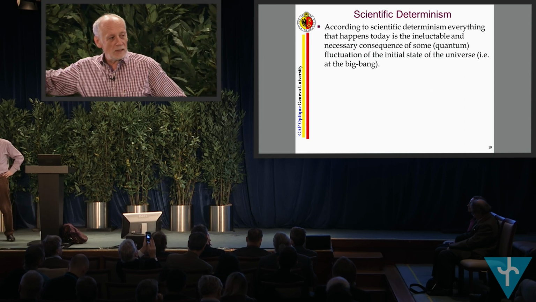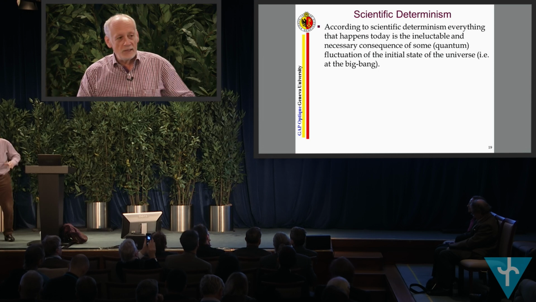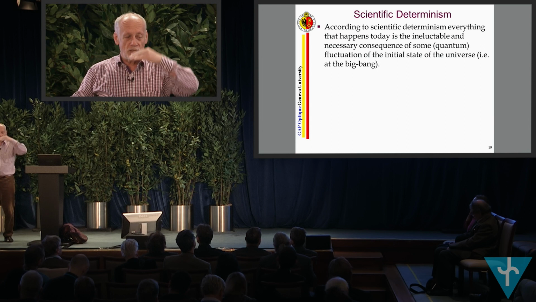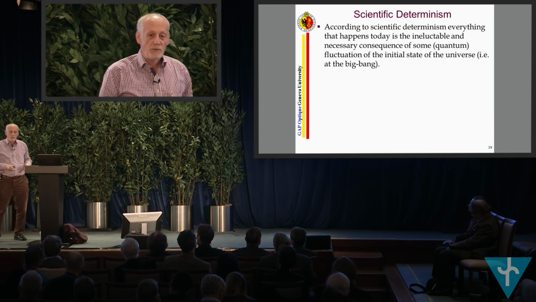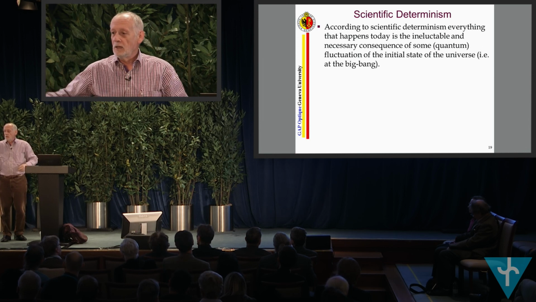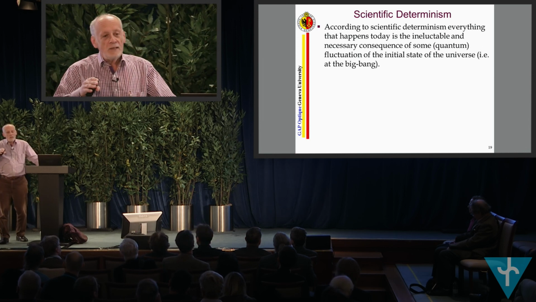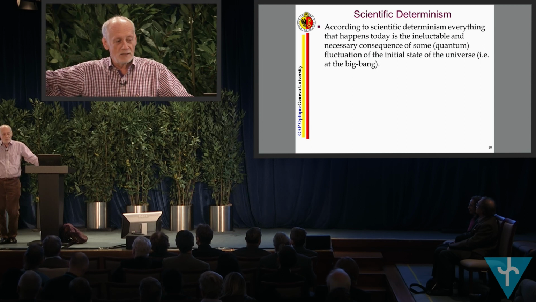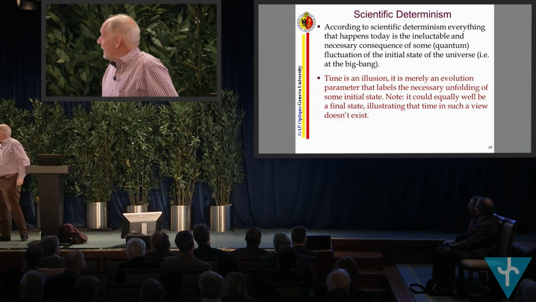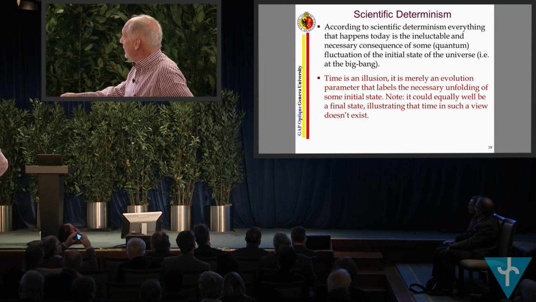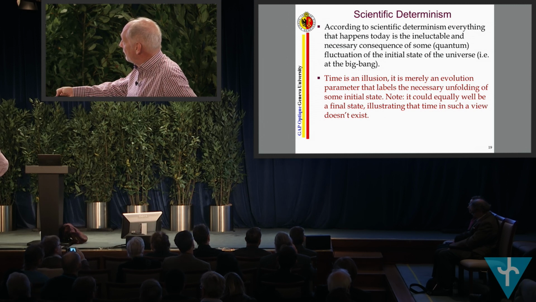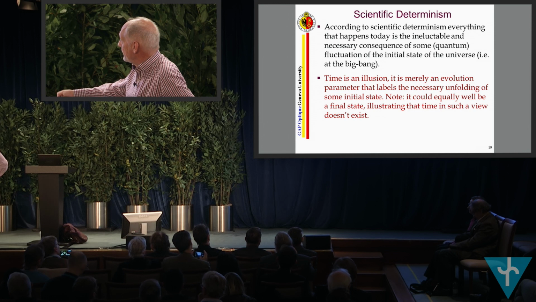I'm not exactly sure what this means, but essentially it means that, given something far away in the past, or by the way, far away in the future, if we have scientific determinism, everything that I'm saying, that you're hearing or not listening or checking your email, whatever, was already determined by this initial fluctuation in the initial condition. So time is an illusion. It is merely an evolution parameter that labels the necessary unfolding of some initial state.